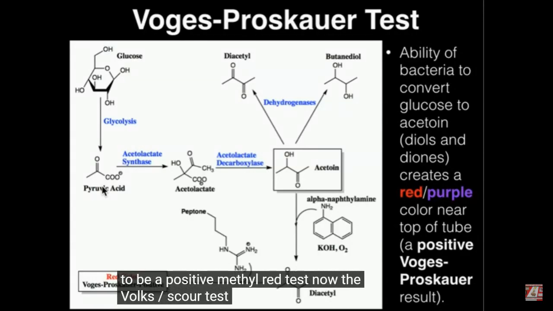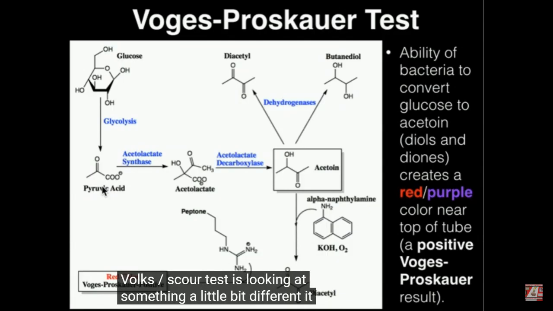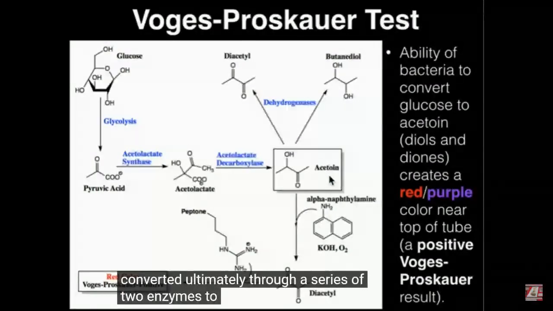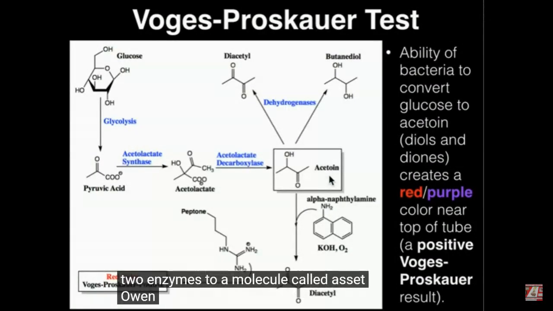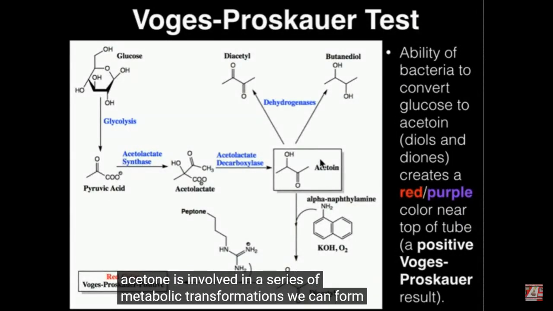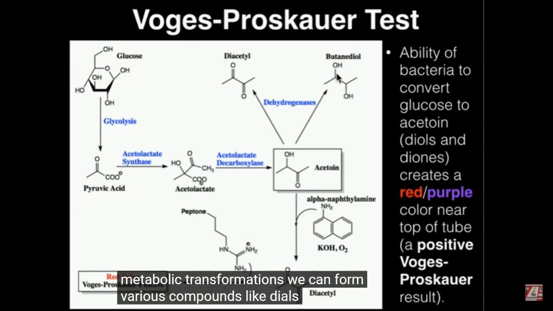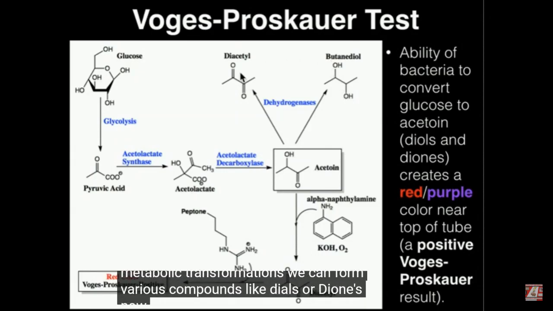Now, the Voges-Proskauer test is looking at something a little bit different. It turns out that pyruvic acid can be converted ultimately through a series of two enzymes to a molecule called acetoin. Now, acetoin is not directly what we're measuring, but it is involved in a series of metabolic transformations. We can form various compounds like diols or diones.